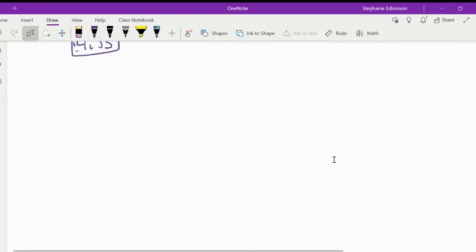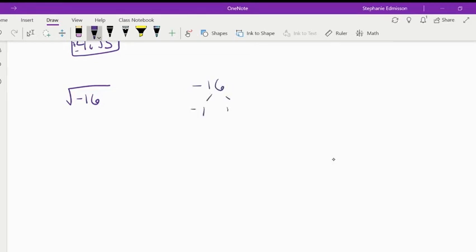Okay, next. This time, let's look at the square root of -16. Now you probably recognize that 16 is a perfect square, and so we could pull out the 4, but we need to remember that this is actually -16, and when we have a negative, the first thing we do is we take out our -1.